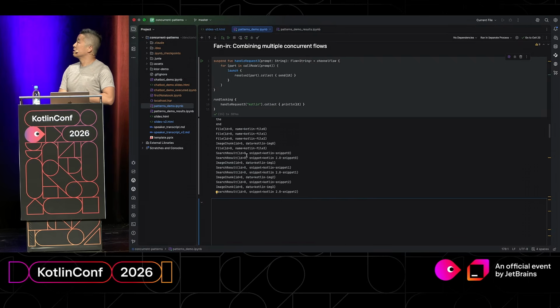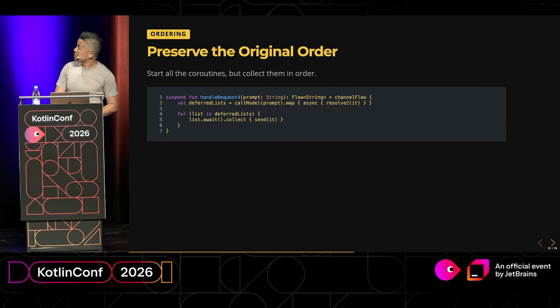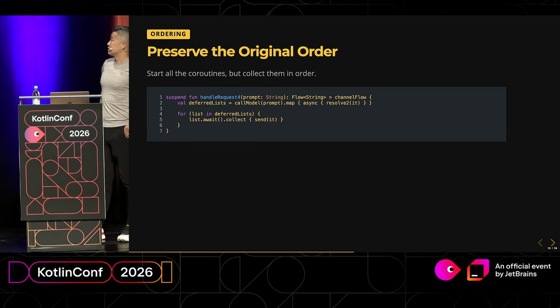Is there a way to restore the order while still keeping the benefit of the concurrent logic? That comes to the next pattern, ordering on the server side. Obviously, this is one way to do that. Instead of sending back whatever information as soon as possible, the server can try to restore the order.